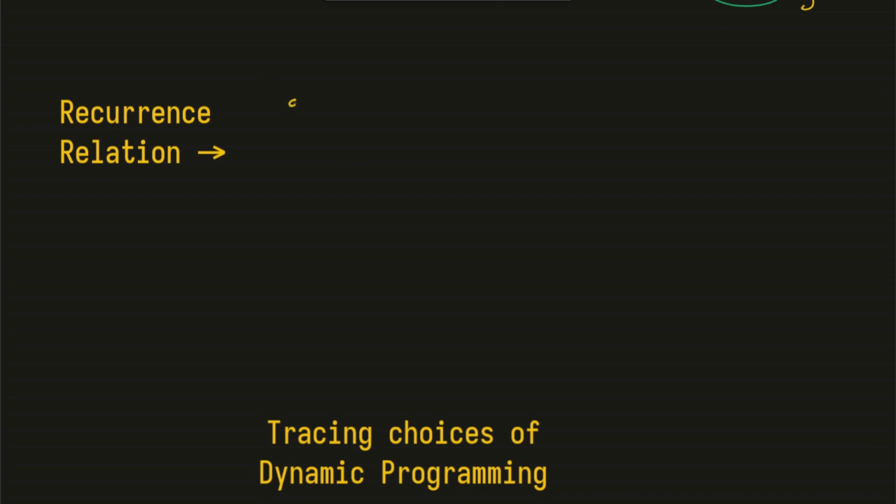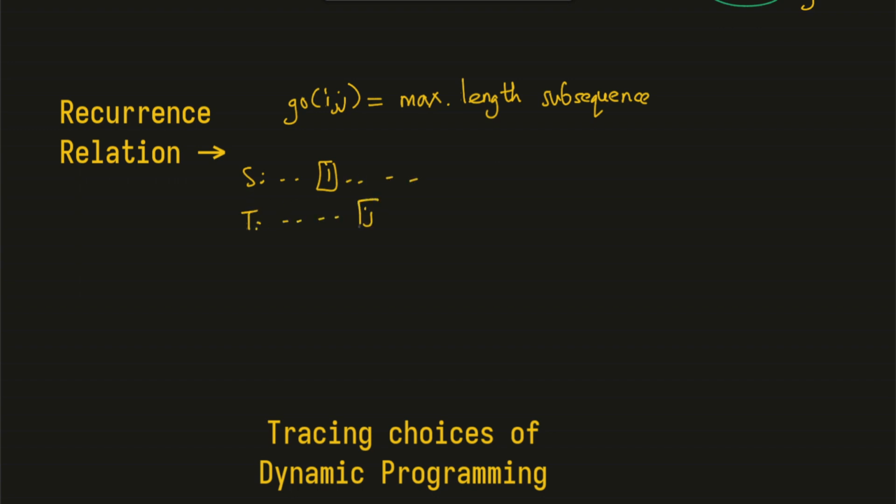I am saying that go of i, j denotes the maximum length subsequence if we start at the ith position in S and the jth position in T. These are the starting choices for this particular function.